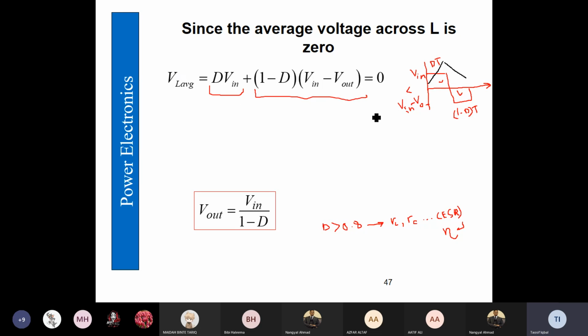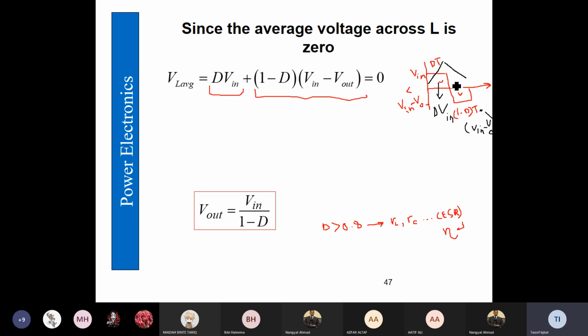So therefore this voltage is, because of the on time, duty cycle times input voltage, whereas in (1 minus D) T the voltage across the inductor is Vin minus Vout, multiplied by (1 minus D).